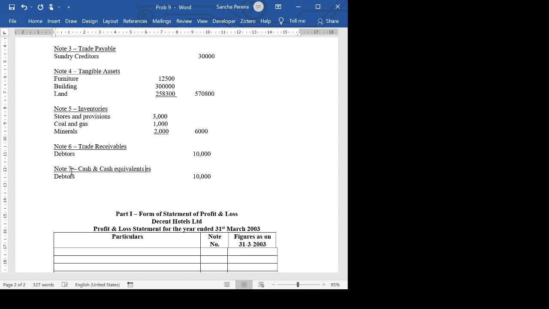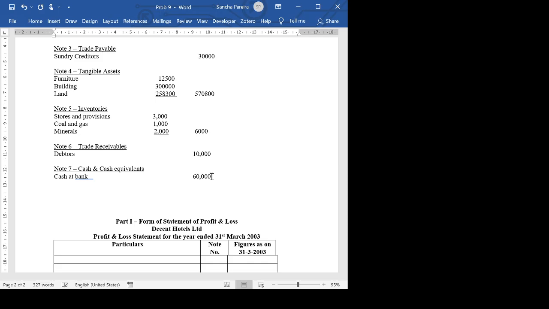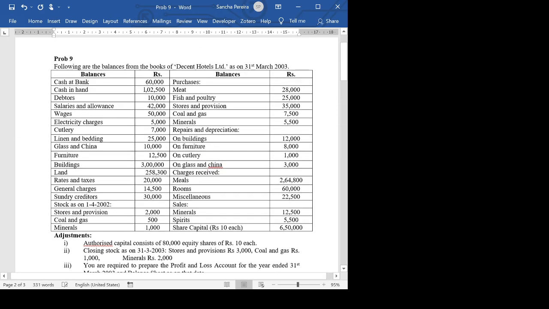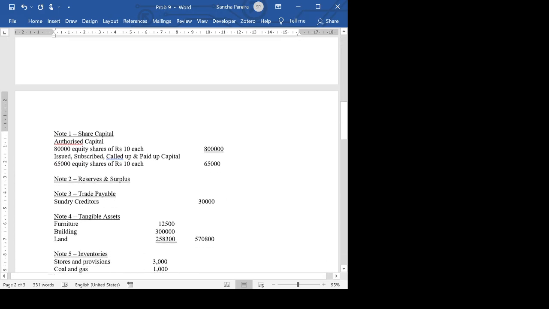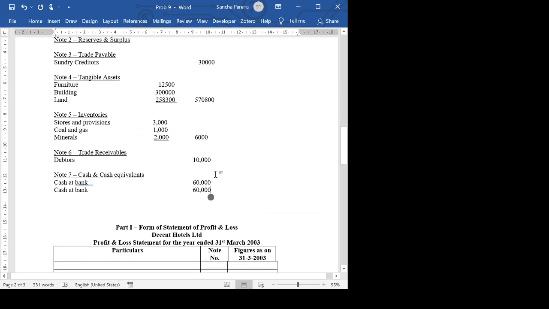Okay, so we have cash at bank here, the first item. Cash at bank, and the amount is 60,000. Similarly, we also have cash in hand, and cash in hand is 1,02,500.